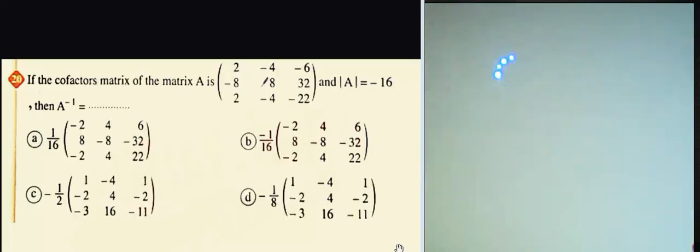Question 20: the cofactors matrix of the matrix A is given, and the absolute value of the determinant of the matrix A equals negative 16. Then A power negative 1, the inverse of this matrix, equals what?